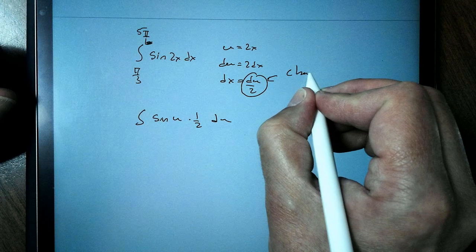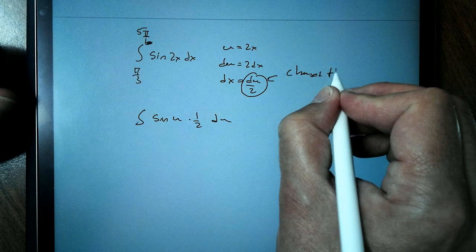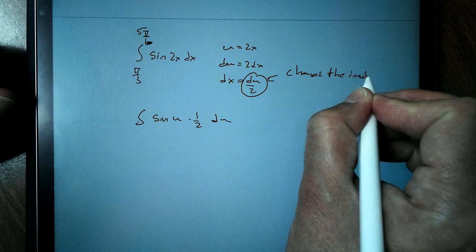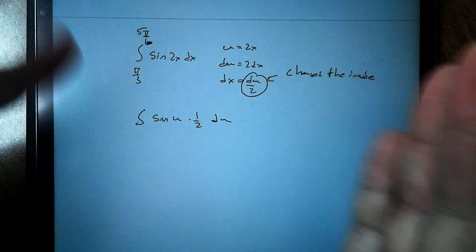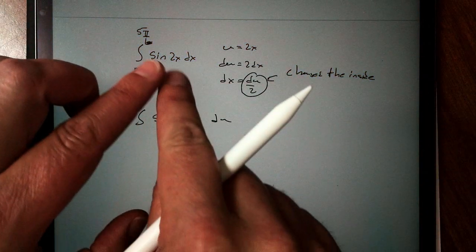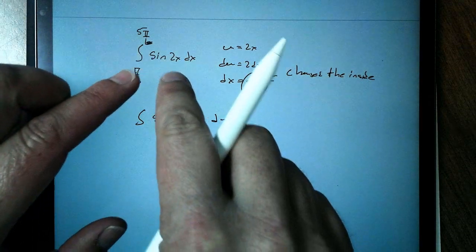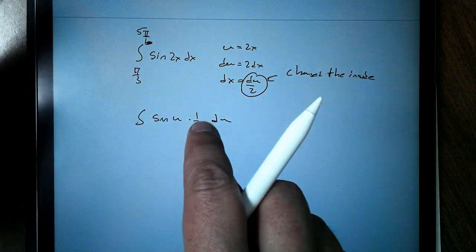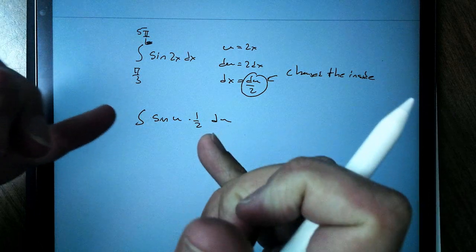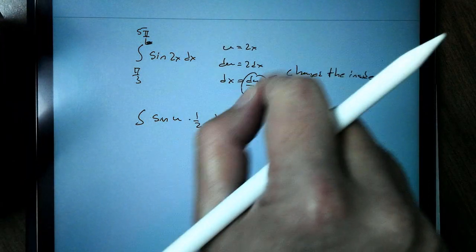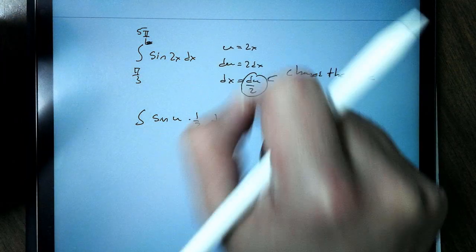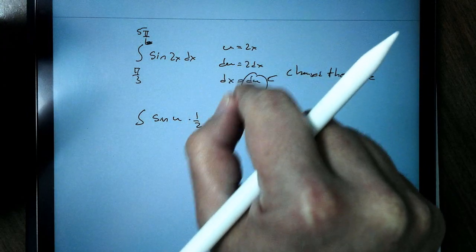Notice, we changed the inside. We're dividing it by 2. So when we do a u substitution, we change the inside a little bit. We don't just replace the 2x with u, it changes the inside of our function. And of course we use derivatives to help us change that inside.